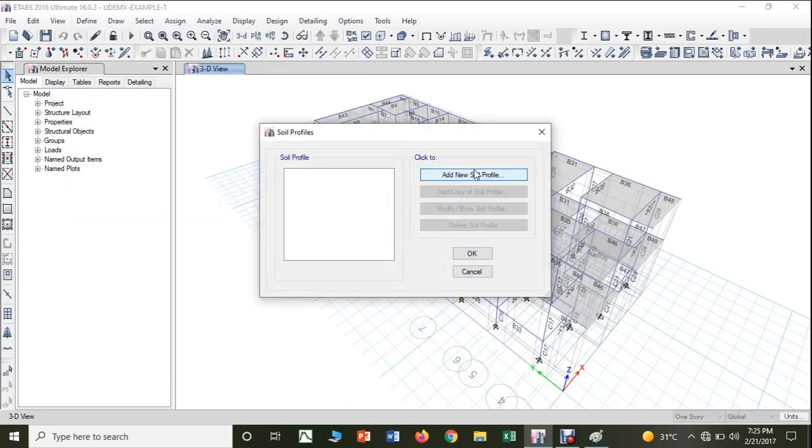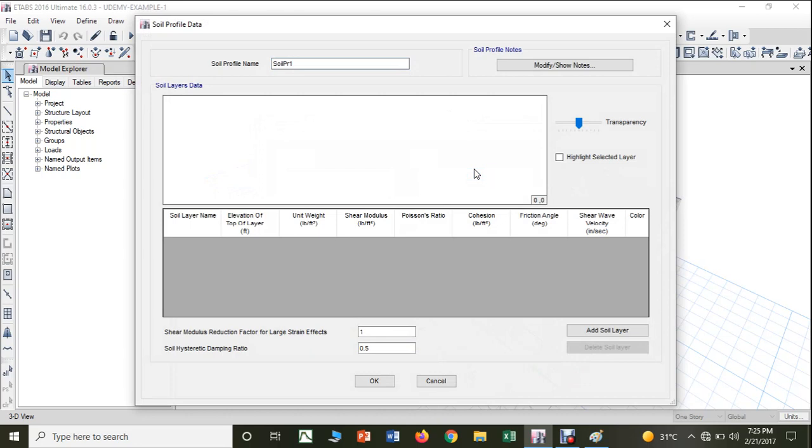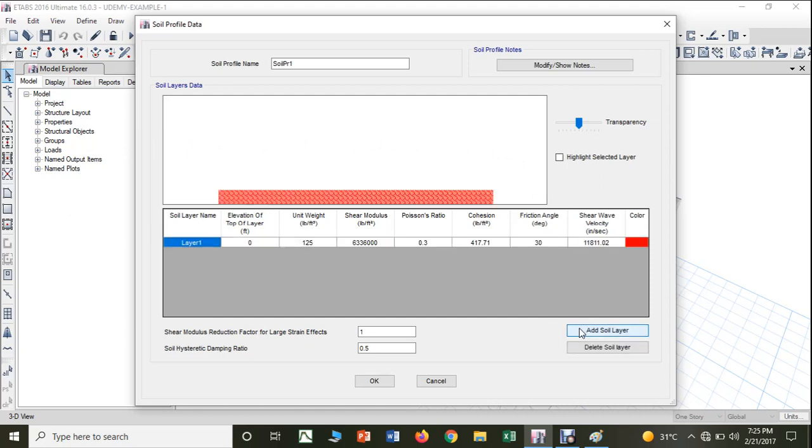Soil profile also you have an option to define. You can see here, when I am doing that, you should be knowing the soil data.